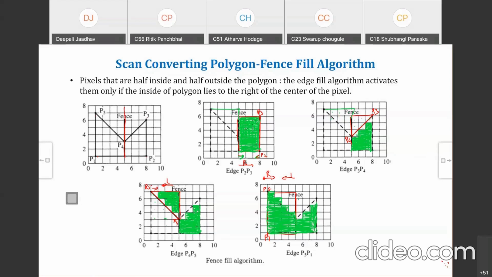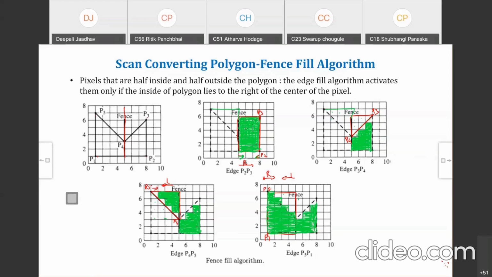The disadvantage of the previous simple edge fill, that a particular pixel is visited more than once, is not present here. You can observe that this pixel is visited only once, and all these are visited only once. Very few pixels are visited more than one time. So this disadvantage is avoided here.